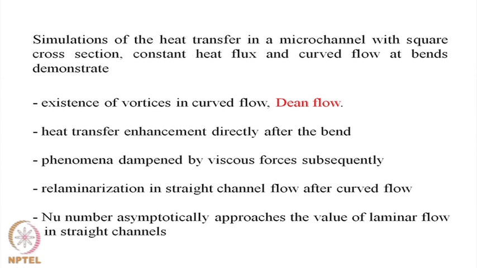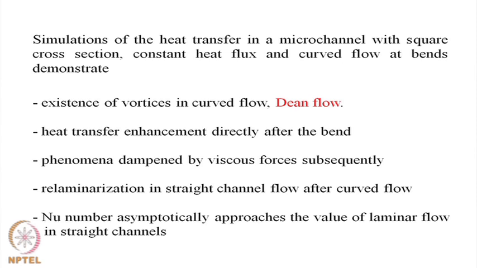So, any enhancement of heat transfer, any enhancement of transport process that you may get, will be nullified, will be dampened once you move away from the bend. And finally, the Nusselt number will asymptotically approach the value of the laminar flow in straight channels once you flow past such bends.